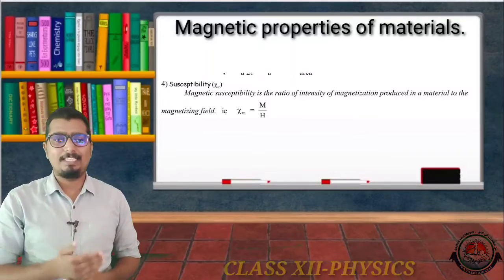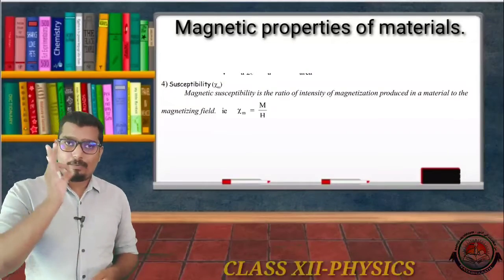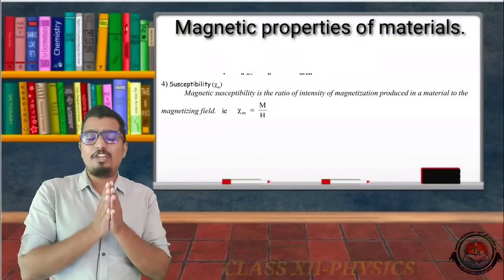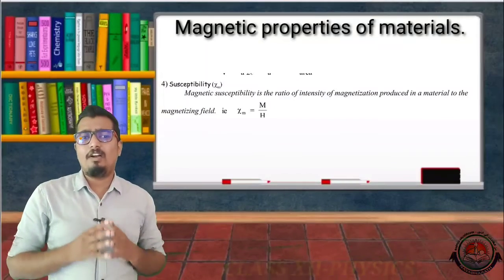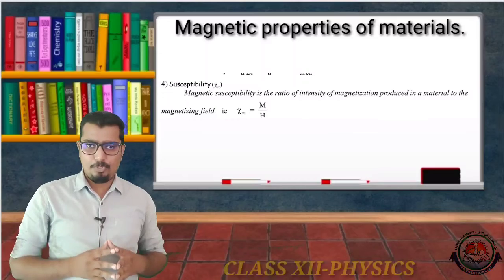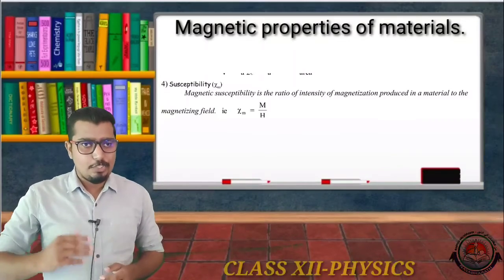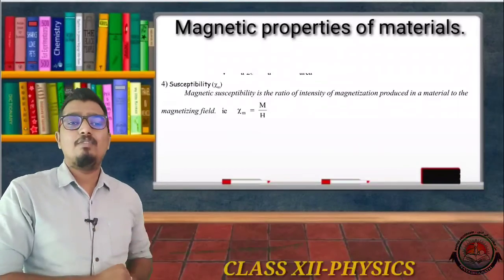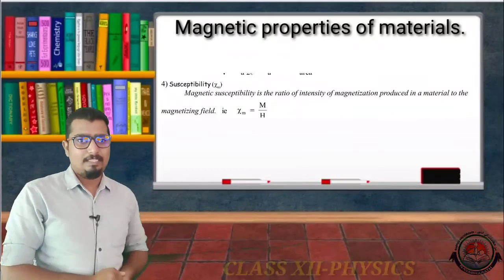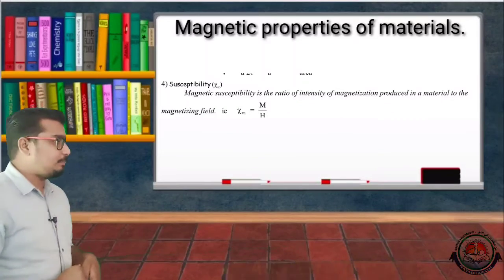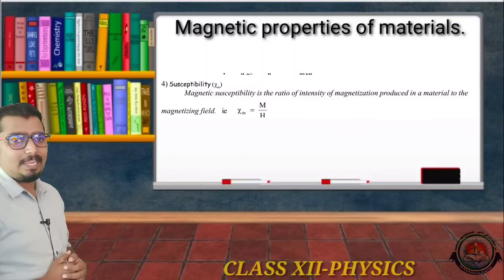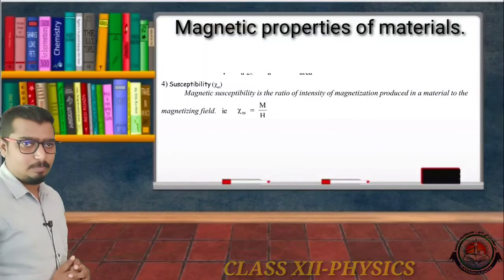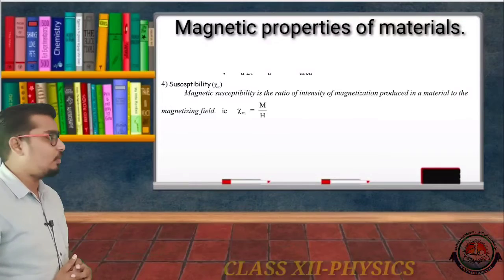The letter representing magnetic susceptibility is chi m.